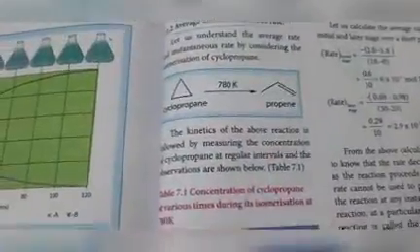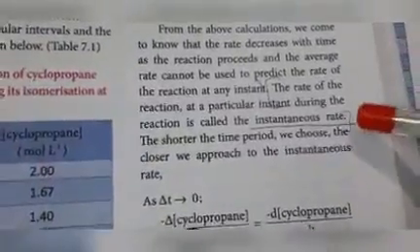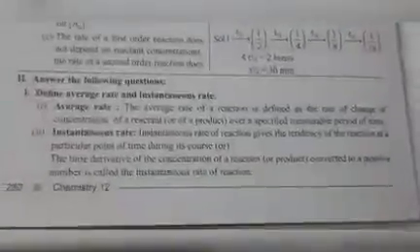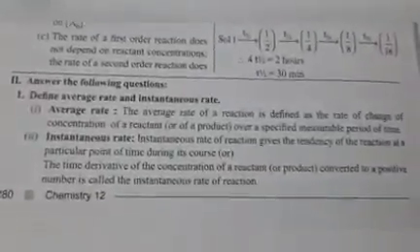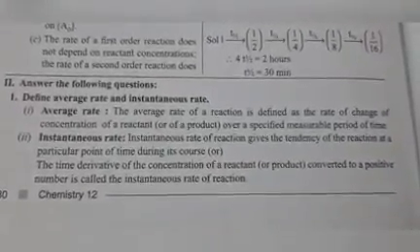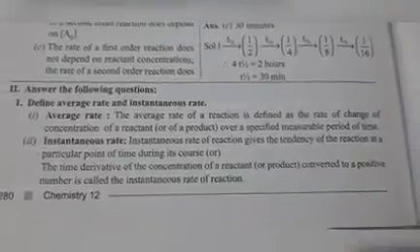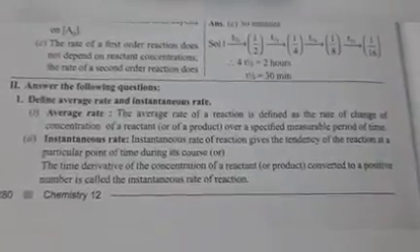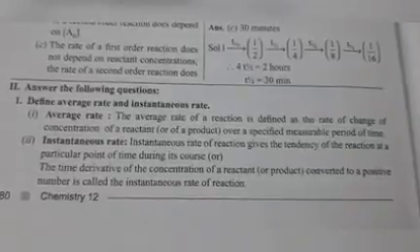In this page there is no definition given for average rate, only definition is given for instantaneous rate, because average rate definition is similar with normal rate. So change in concentration of the reactant or product divided by time taken over a specified measurable period of time.